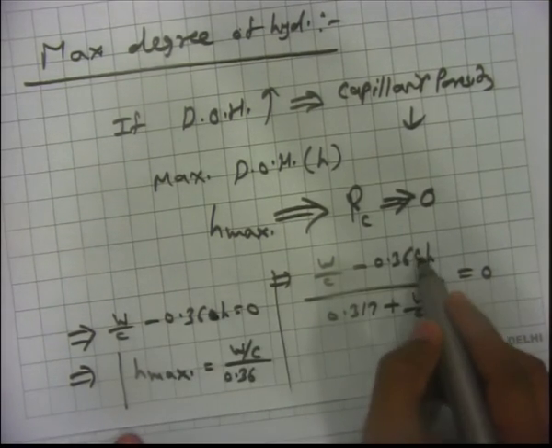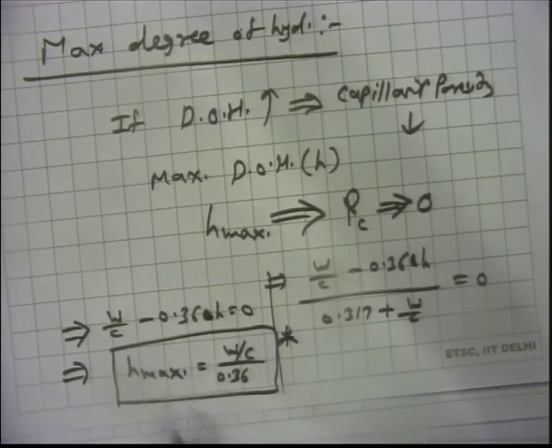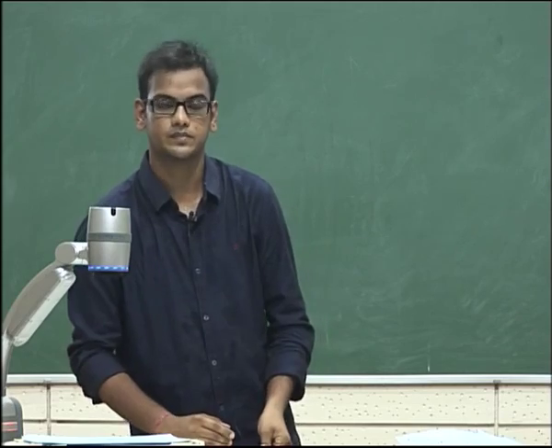So this will be the maximum hydration to which the hydration process can take place. Divide the W by C ratio by 0.36, and we will get the maximum degree of hydration. This is the whole discussion. More discussion you will see in the lecture series. So please see the videos. Thank you.